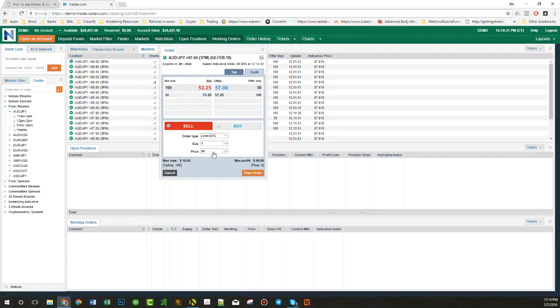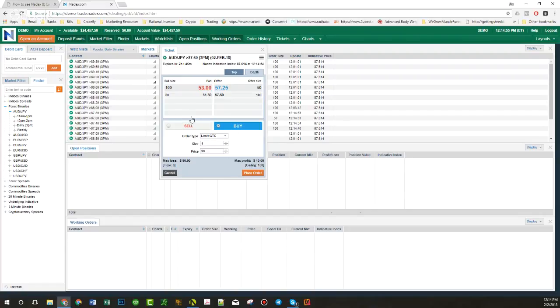So on this sell side, if the price is 90, I'm only going to put $10 in that trade. My max profit is going to be 90 bucks because I'm on this sell side. If I'm on the buy side, the price is what I'm spending. So that means I put up the 90 bucks. There's only $100 out there. So that means my profit's only $10.